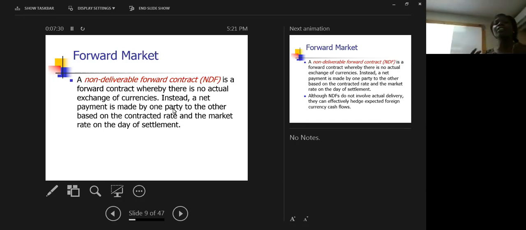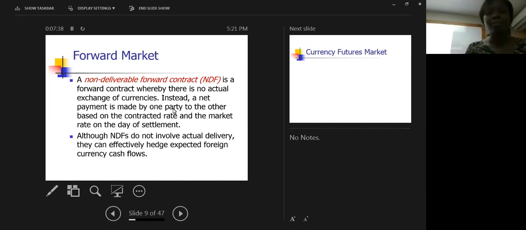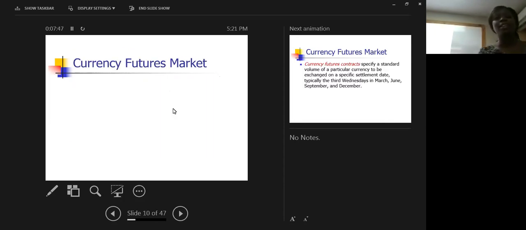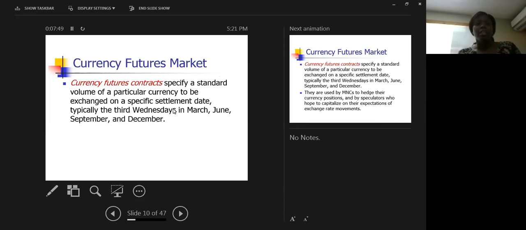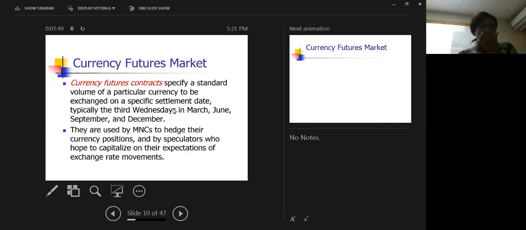So this is the essence of a non-deliverable forward or any kind of derivative, because often we do not take delivery of the underlying, right? So they effectively hedge expected foreign currency cash flows. Of course, all this is in the context of foreign currency. Right? Currency futures market.